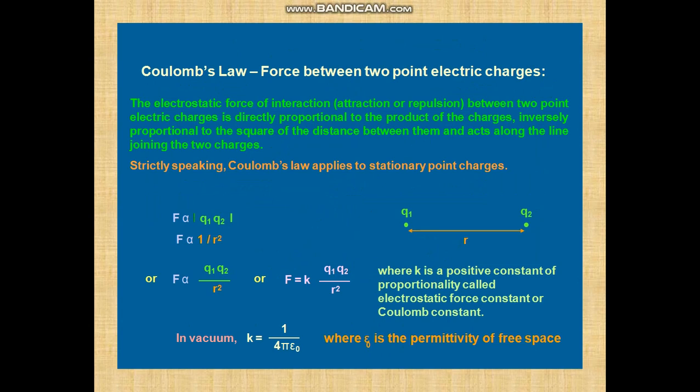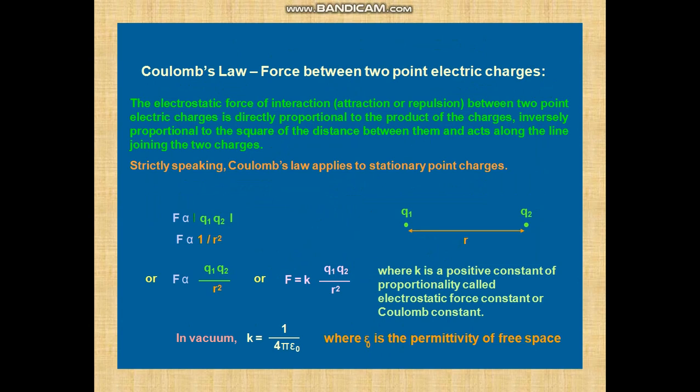If we combine both the equations, then we can write F is directly proportional to Q1 Q2 upon r square. As we all know, when we want to remove the directly proportional sign, we have to use a constant.